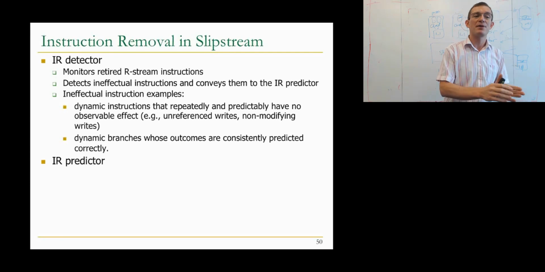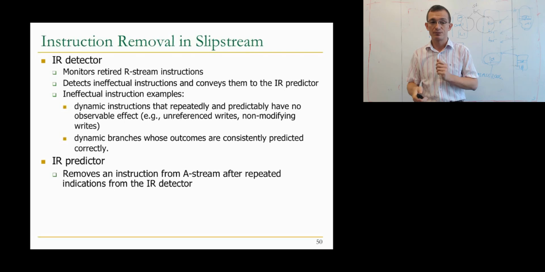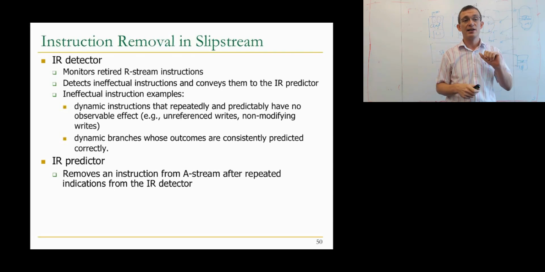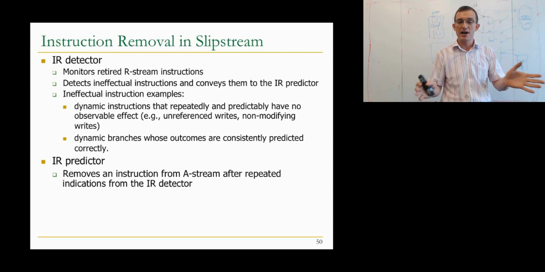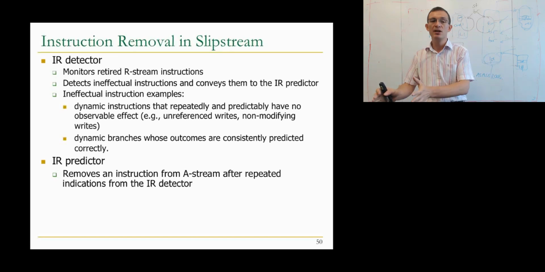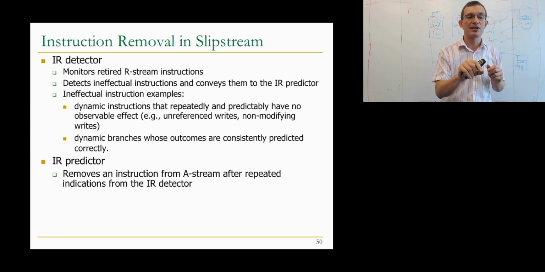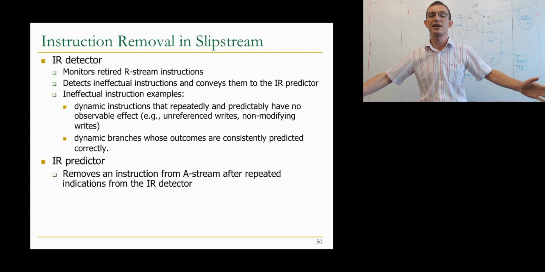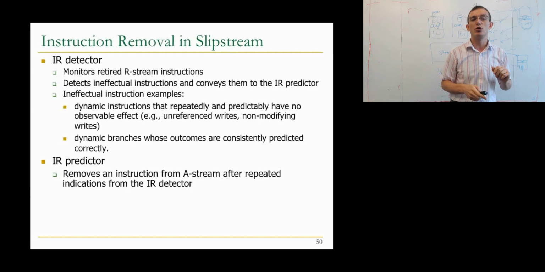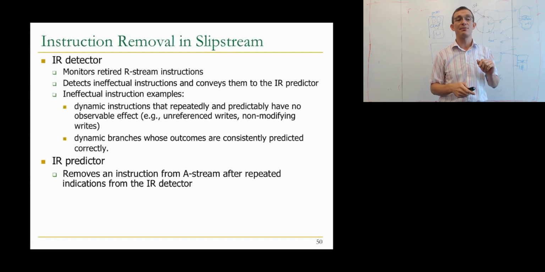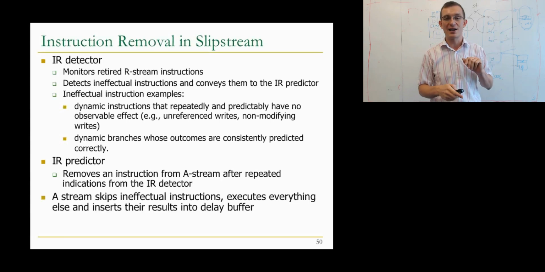The IR detector operates on the redundant stream, but when the A stream gets to a program counter, the IR predictor says, oh, you should not execute it because these instructions are ineffectual, right? That basically removes the instruction from the advanced stream after repeated indications from the IR detector. There's some confidence mechanism. You can read the paper for more detail.